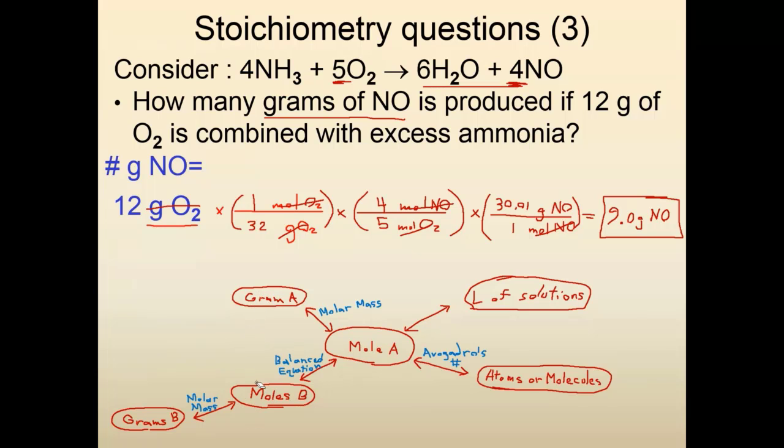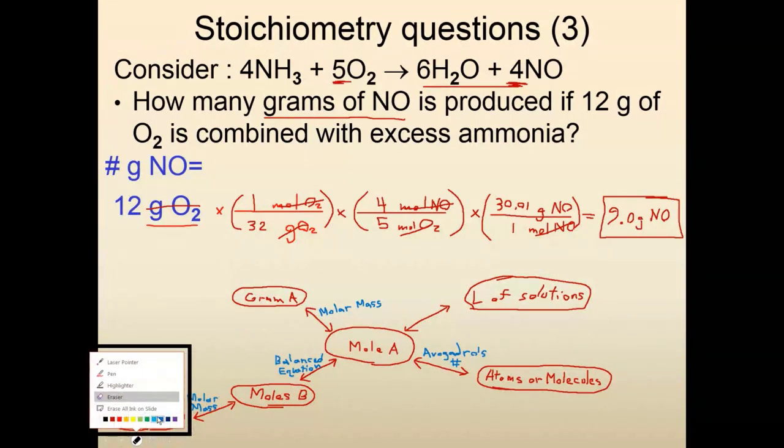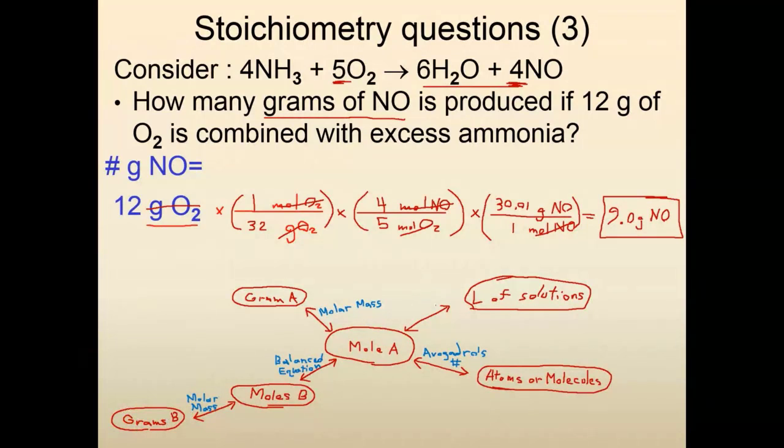The only way to get from one substance to a different substance is through that mole-to-mole conversion. And soon you'll also recognize that to go from moles to liters, you can use the concentration of molarity. But you'll find that out soon enough.